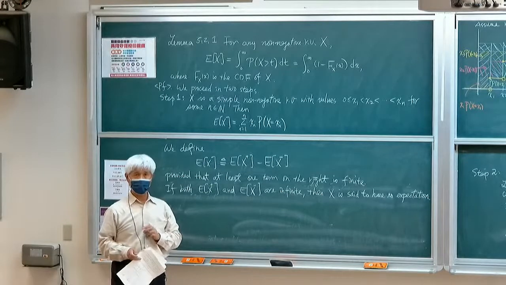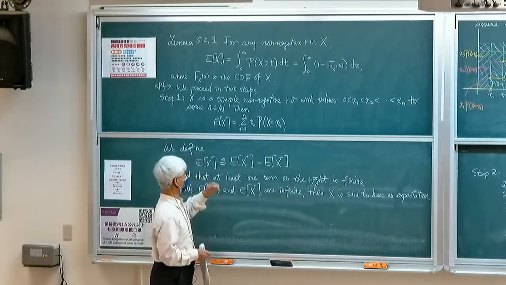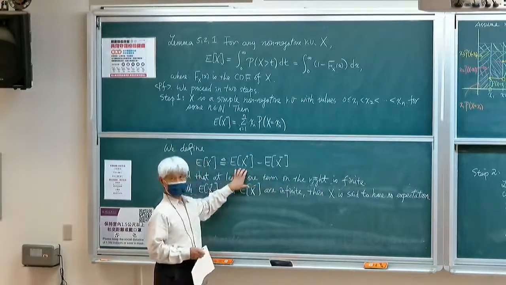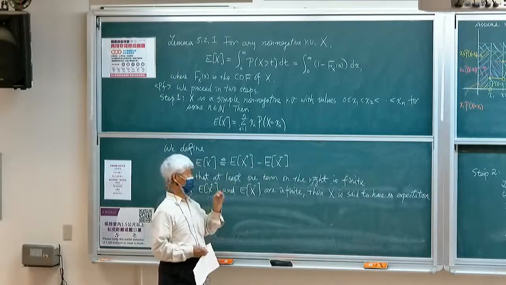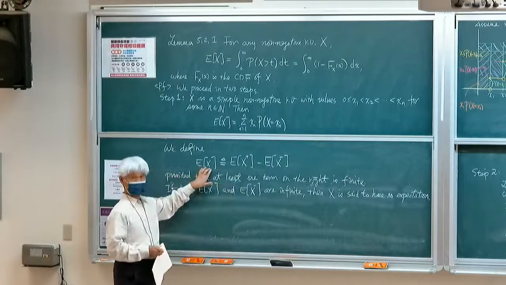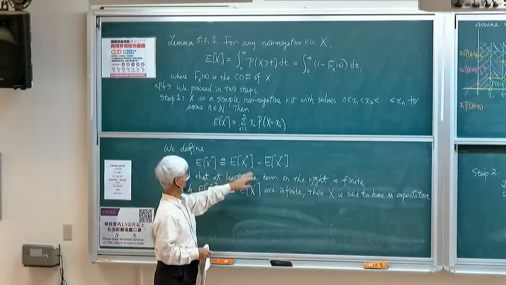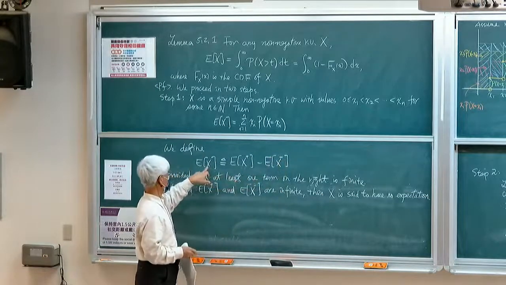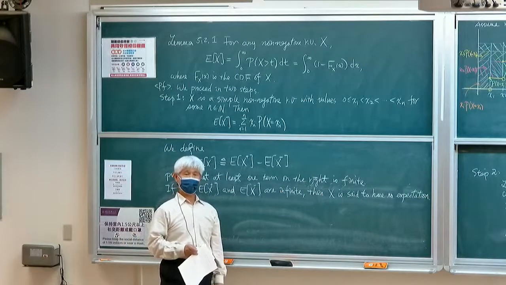But if one of them is finite, for example the negative part is finite and the positive part is infinite, then positive infinity minus a finite number is positive infinity, and the expectation of X is positive infinity. On the other hand, if the positive part is finite but the negative part is infinite, then the expectation of X is minus infinity.